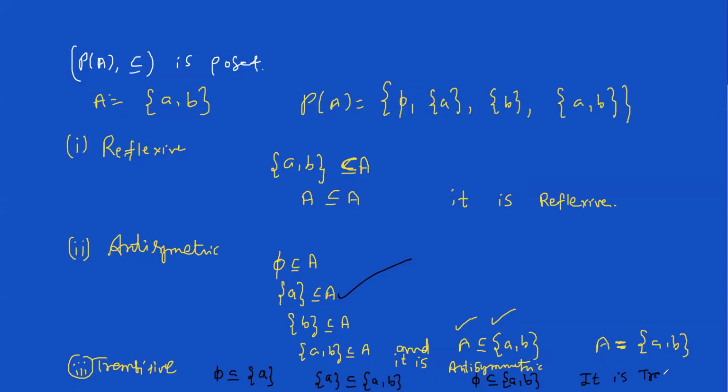Let's suppose you are taking A is a subset of {A, B}, and you know {A, B} is a subset of {A, B}, then definitely A is a subset of {A, B}. That is true? Yes. It is transitive. Therefore, it is a poset.